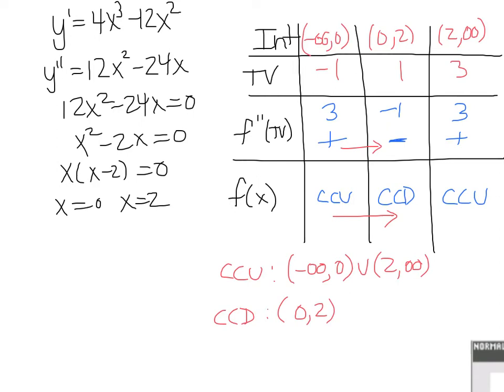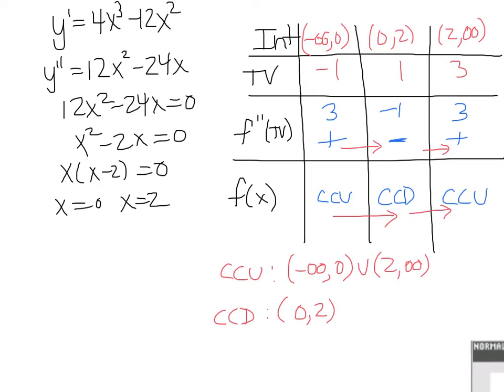When I go concave down to concave up, another change, in this case from negative to positive, it identifies x equaling 2 as a location of an inflection point. So if I wanted to find the inflection points, I would evaluate f of 0 and f of 2 to find the y values, and those would give me the inflection points.